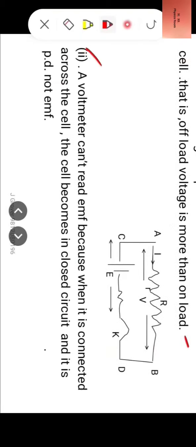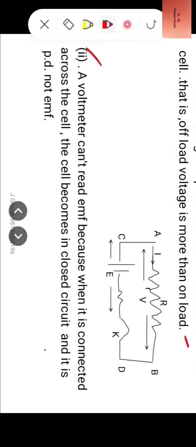Second, a voltmeter can't read EMF because when it is connected across the cell, the cell becomes a closed circuit, and it is potential difference now and not EMF. When we connect a voltmeter across any circuit, it draws some current from the circuit itself for measurement.